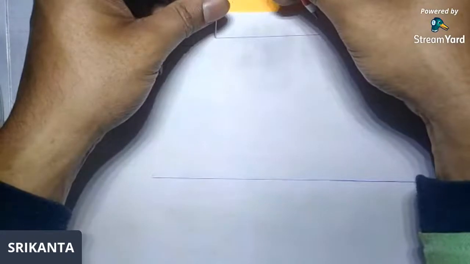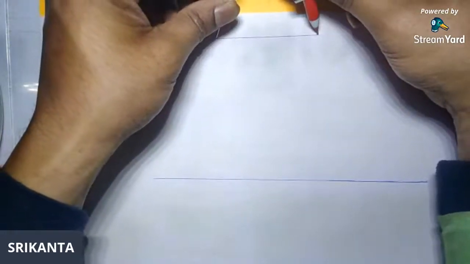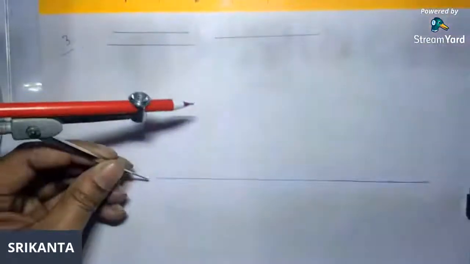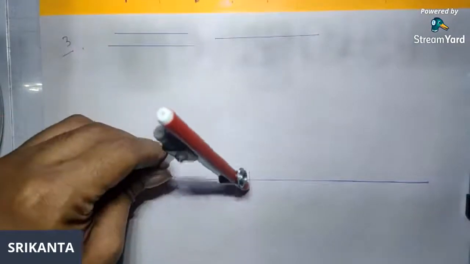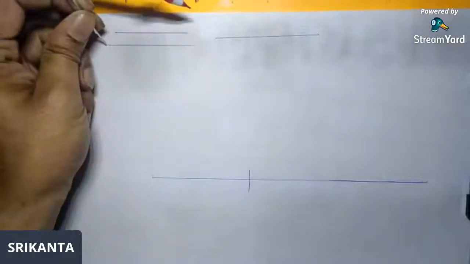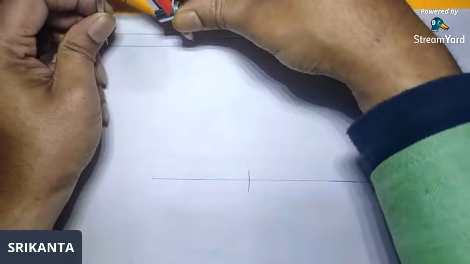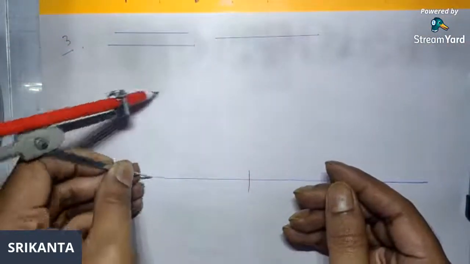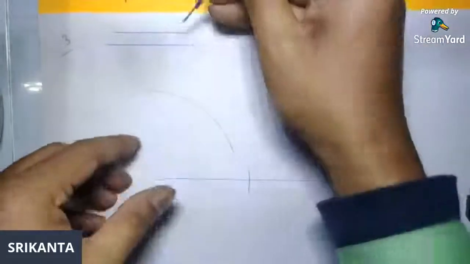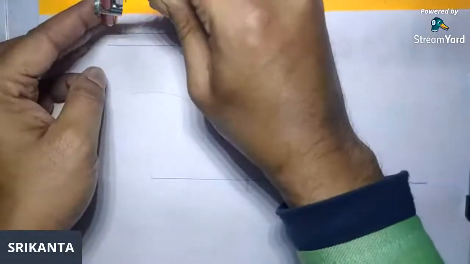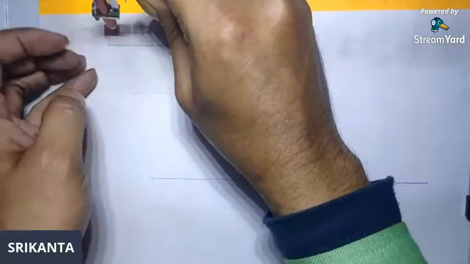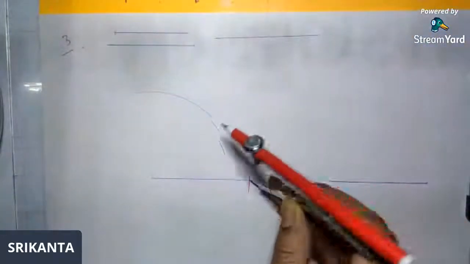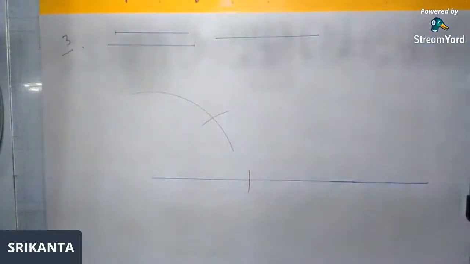Now, first thing first, take the big one, measure it, cut it down. Take the next big one, measure it, take an arc. Next, the small one here, right?